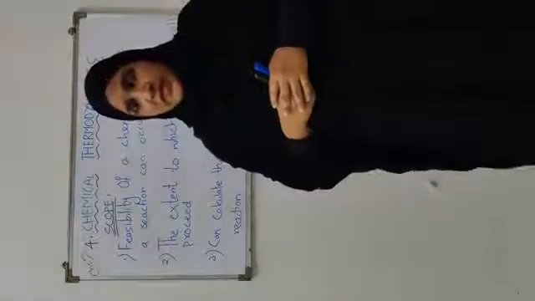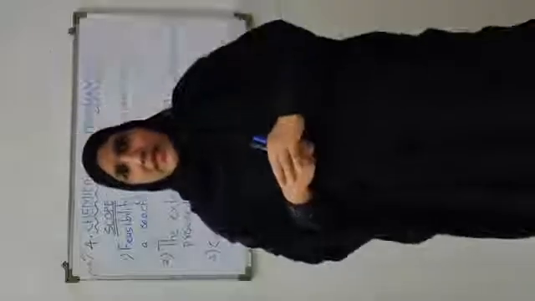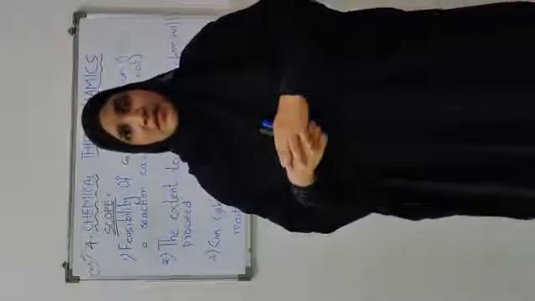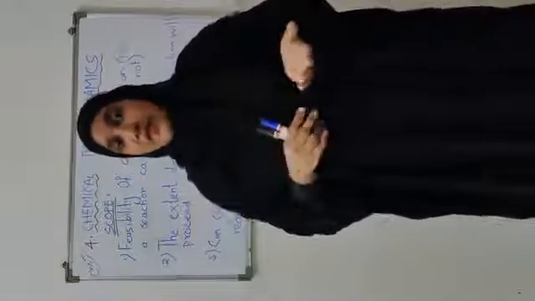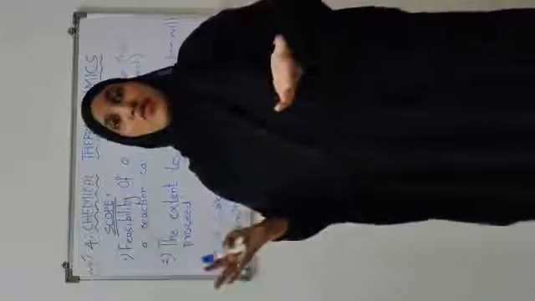The first one says it expresses the feasibility of a chemical reaction. Now, what is meant by feasibility of a chemical reaction? Suppose a chemist wants to carry out a reaction, he will not start doing the reaction actually in the laboratory with the actual chemicals by taking the risk of expenditure and other risk of explosion and all.